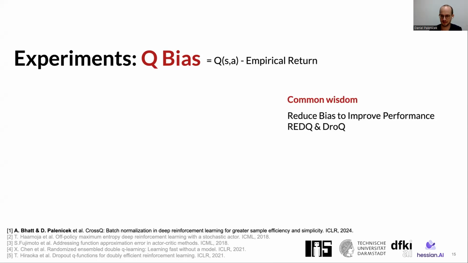The common wisdom from those papers is that it's important to reduce this Q function bias in order to improve the learning performance, because if you just take off-the-shelf vanilla soft actor-critic and increase the update-to-data ratio, the Q function bias will usually just explode.